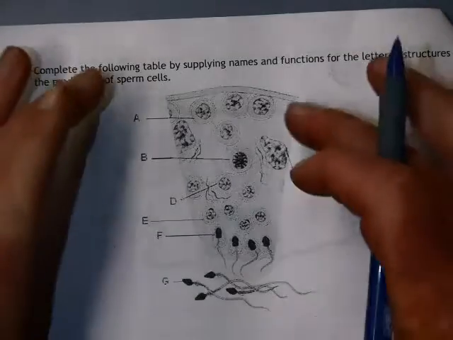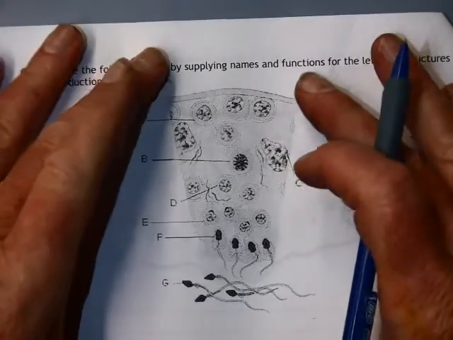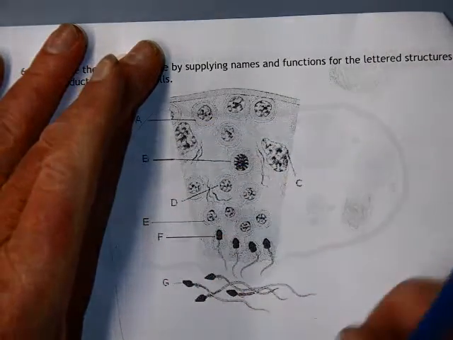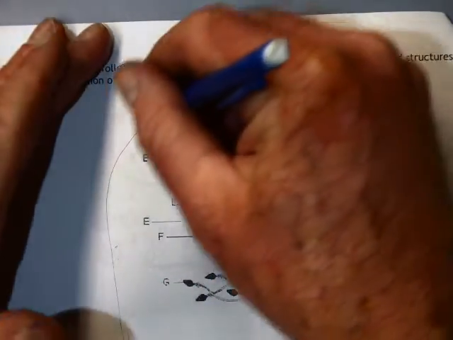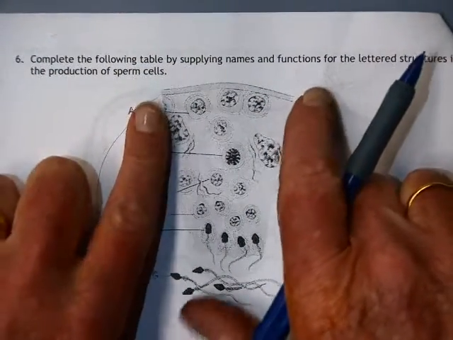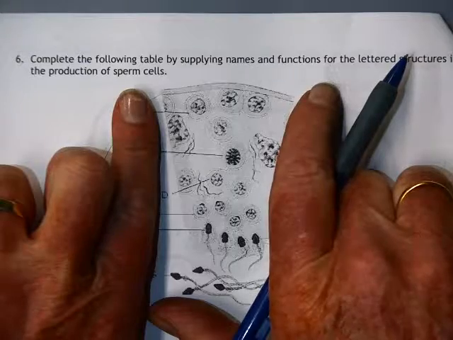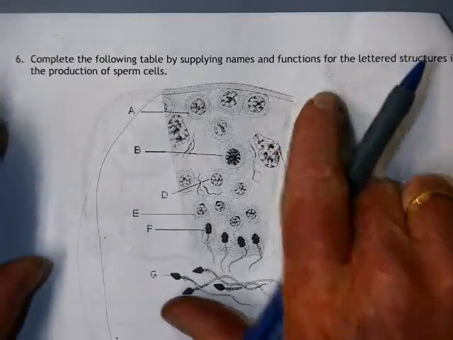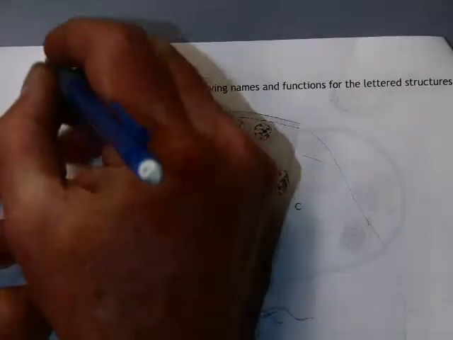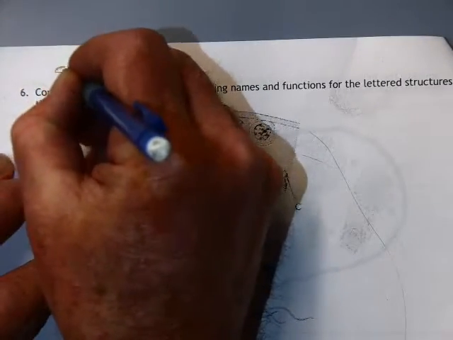Okay, so this represents kind of like the cross section. If I was going to take the cross section of the seminiferous tubule, and I'm taking a section out of it. Now it turns out that spermatogenesis is the term that we use for the production of sperm cells.